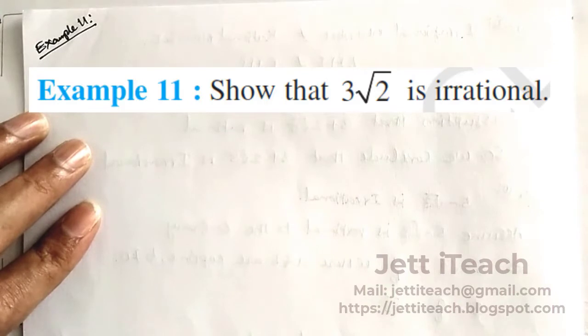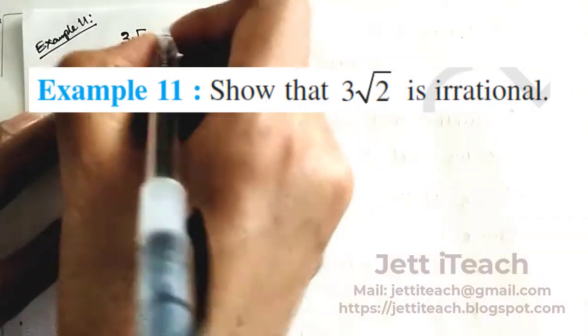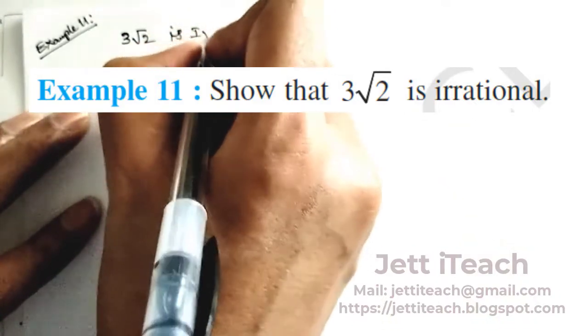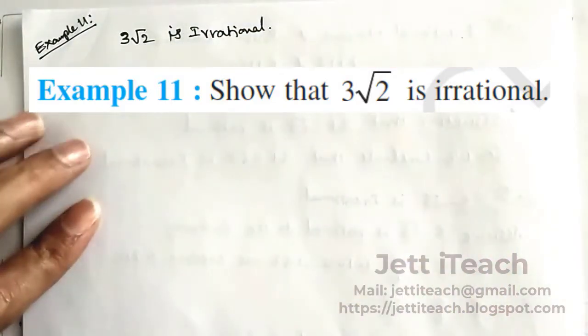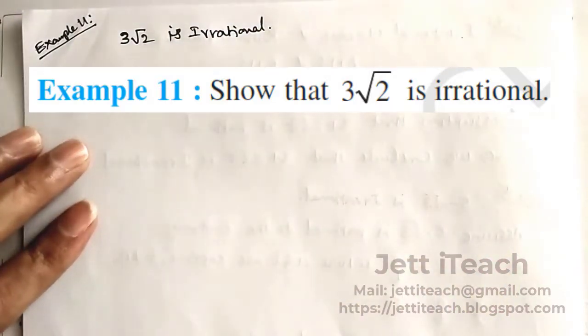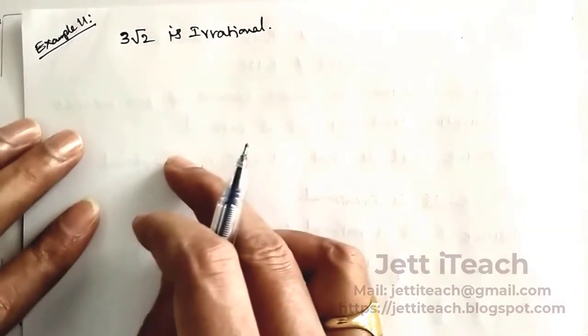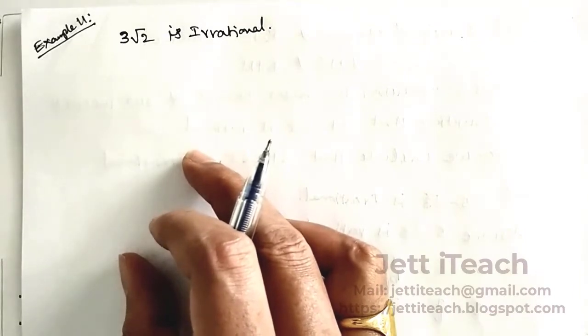Example 11: show that 3 root 2 is irrational. To prove this number is irrational, we can assume that this is a rational number.